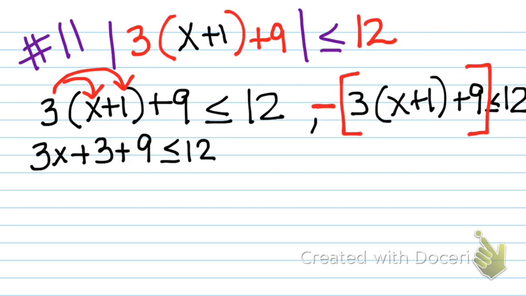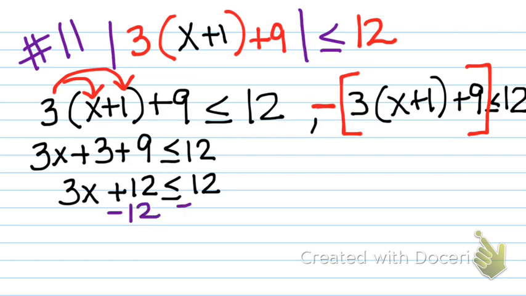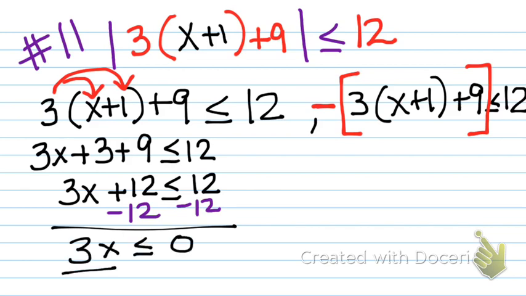We solve for x by simplifying 3 and 9 to get 12. We then move the 12 over to the other side, and we divide by 3. 12 minus 12 is 0, and when we divide by 3, we get our very first x.